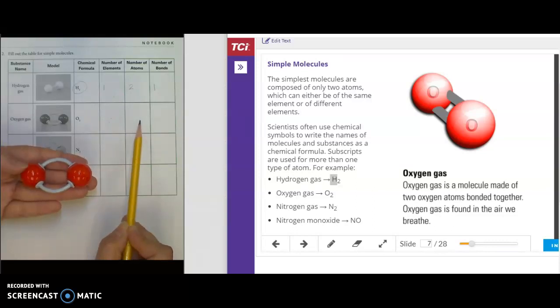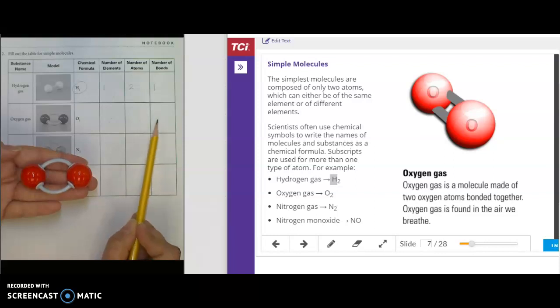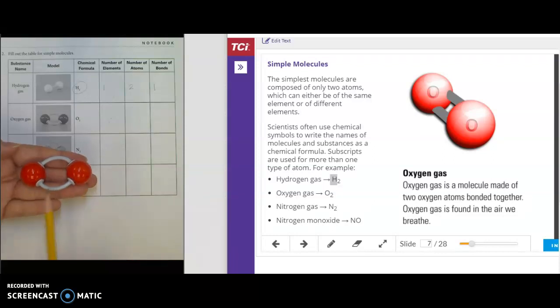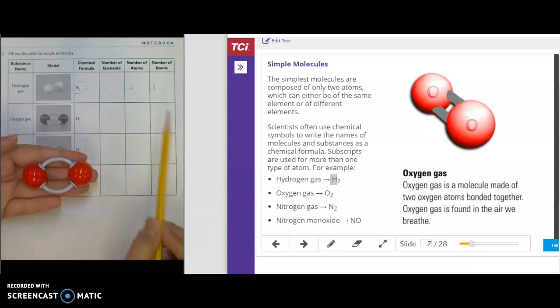How many specific spheres can you count in this molecule of O2 gas? Okay, then I want you to count the number of bonds. How many rods or sticks do you see in this molecule? And you're going to write that number right here. If you need more time on this molecule, go ahead and pause the video. I'm going to move on to the next one.